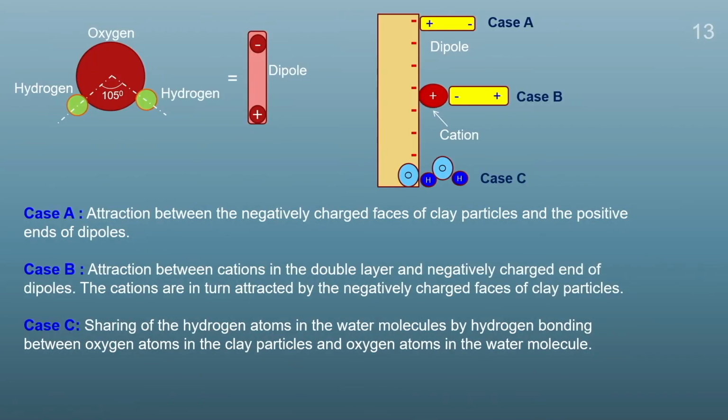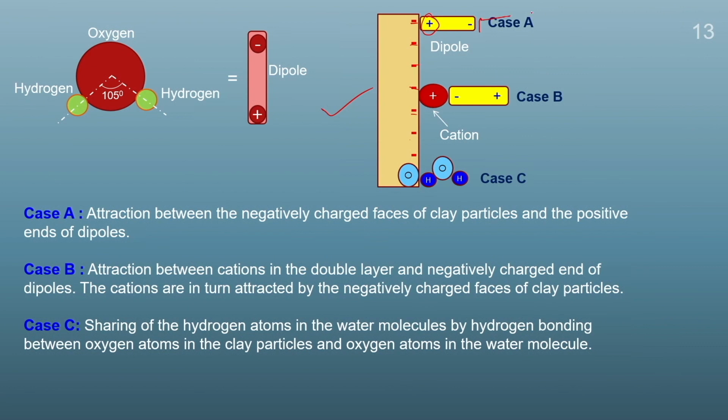If we summarize how water molecules get attached to the clay surface, generally we have three scenarios. In case A, the negative end of the clay surface will attract the positive end of the water molecule.